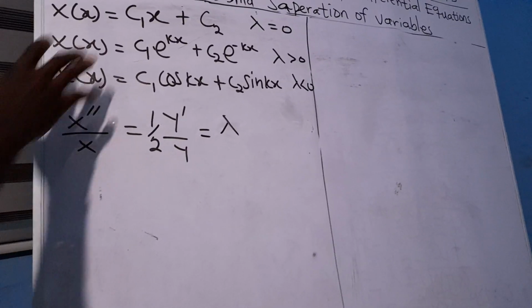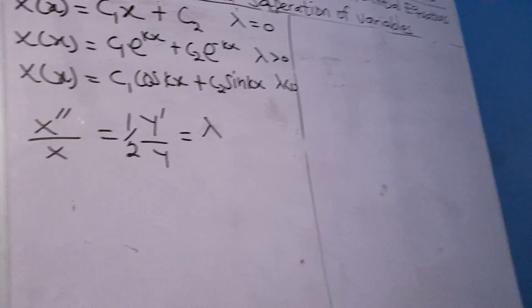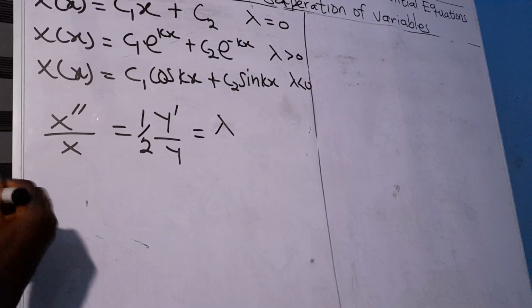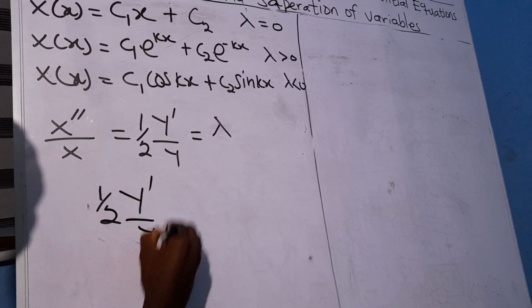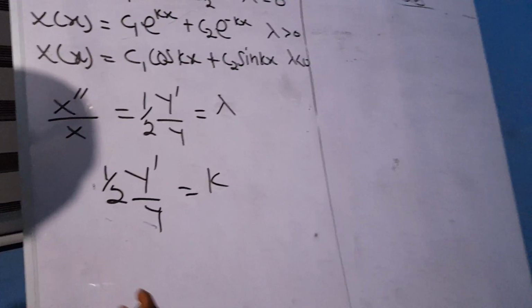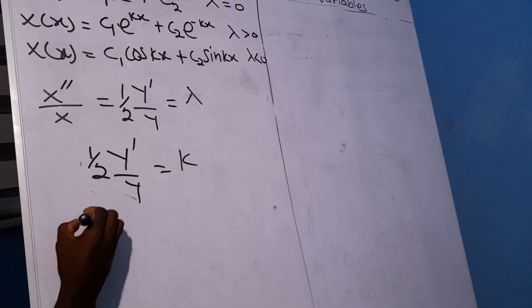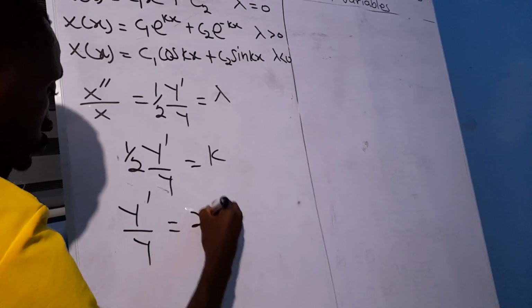So now we have found all the possible solutions to x. Now we need to find y. Because we changed everything to k, we let this be equal to k. So we say half y prime over y should be equal to a constant, let's say k. We can multiply both sides by 2. So we get y prime over y equal to 2k.